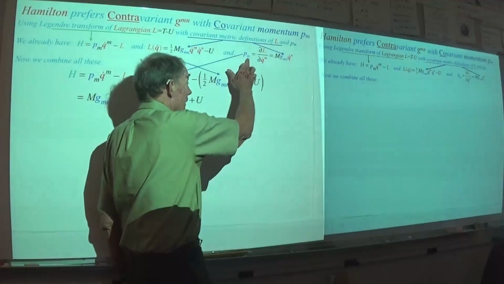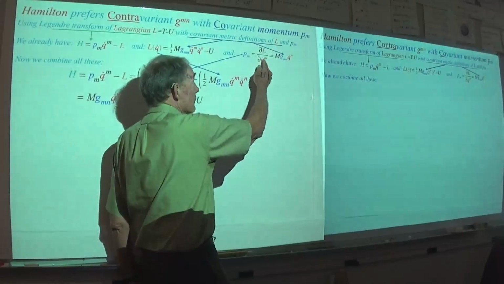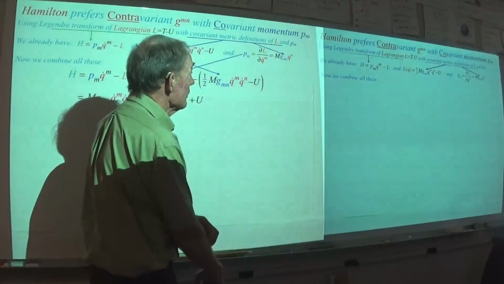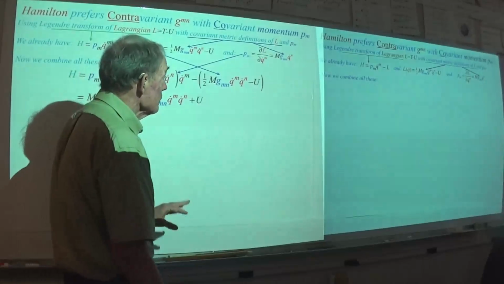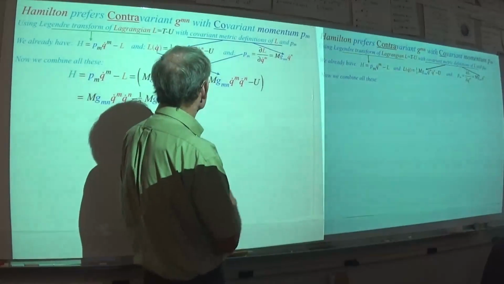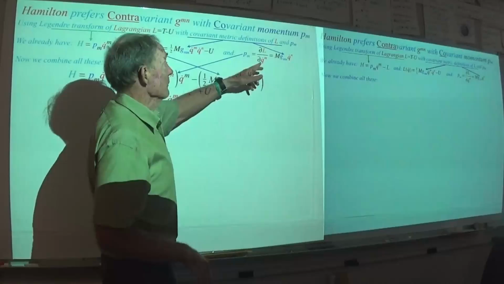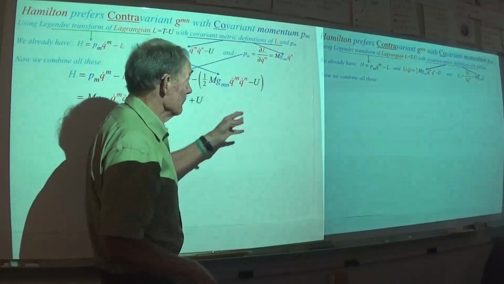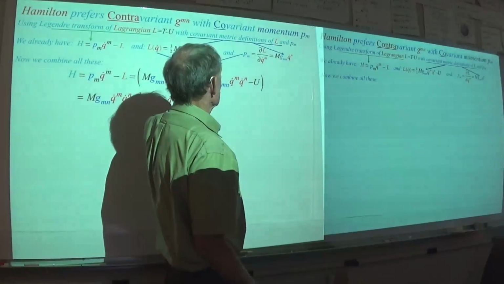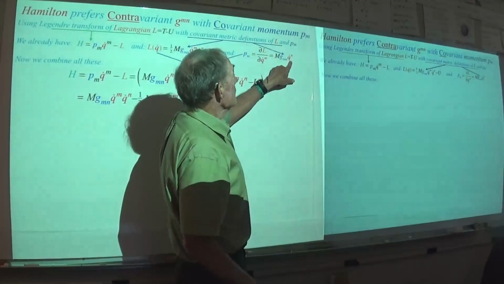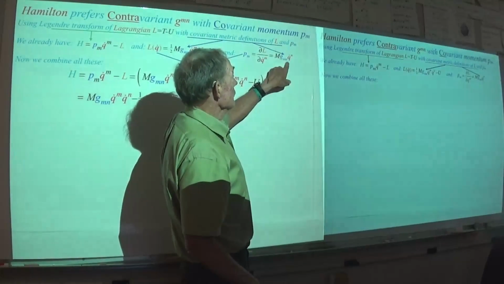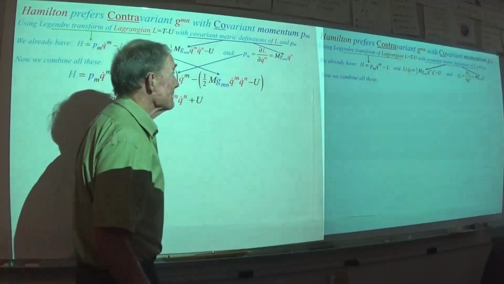P, momentum, is the partial of L with respect to q dot. That's Lagrange's first equation. Then we take the L and differentiate it with respect to the velocity, and that reduces this quadratic form to a single linear equation involving the velocity, q dot.